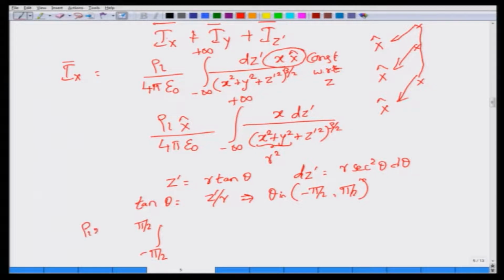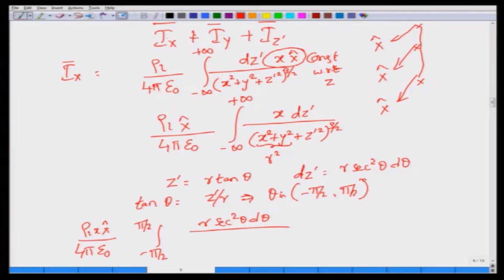So I have rho L x hat by 4 pi epsilon 0 outside of the integral, I am not really bothered about that. dz prime is r secant square theta d theta, and in the denominator I have x square plus y square, which is r square, plus z prime square. z prime square is r square tan square theta.